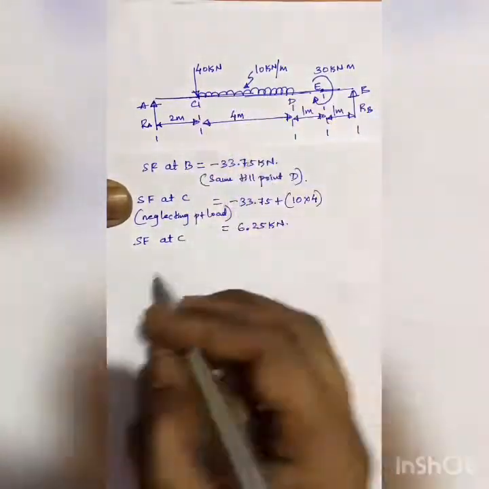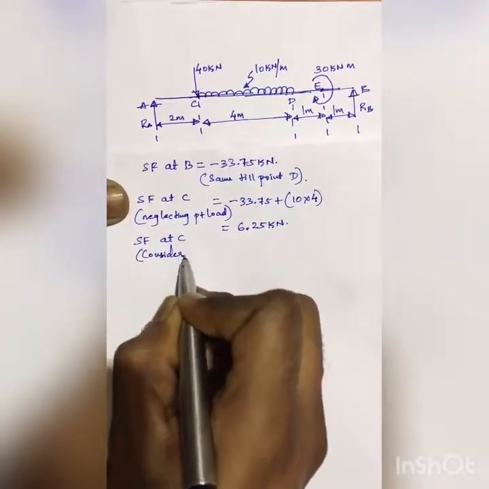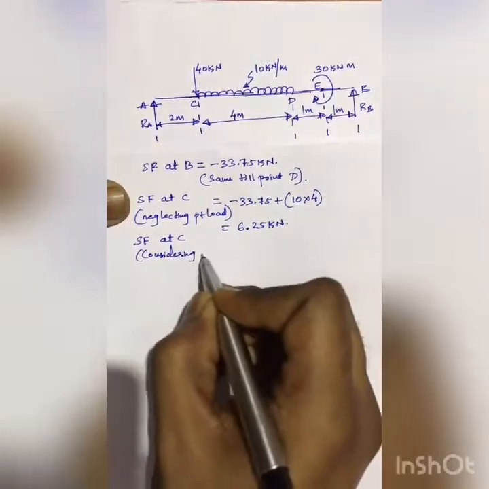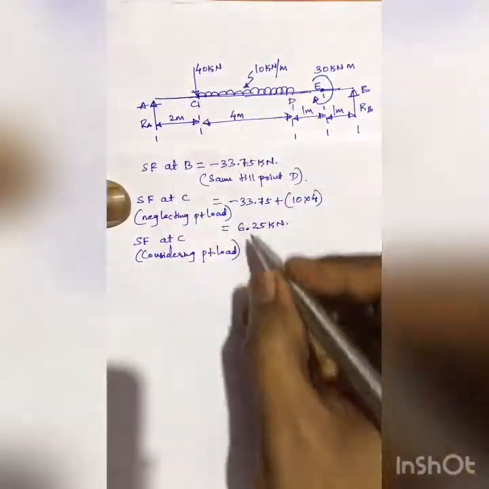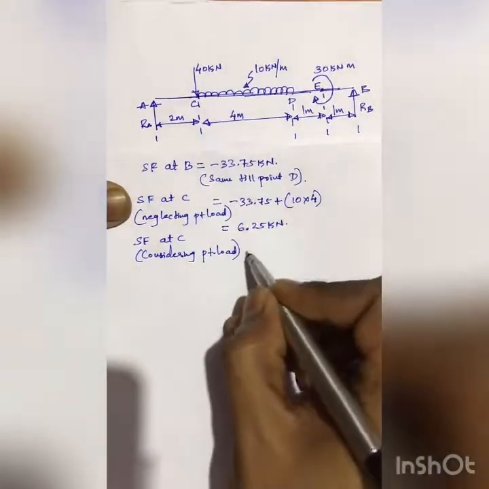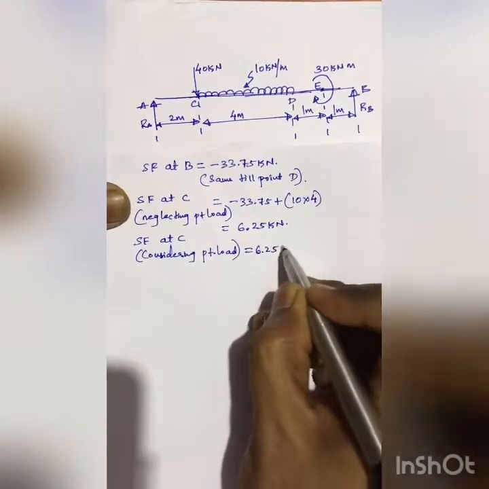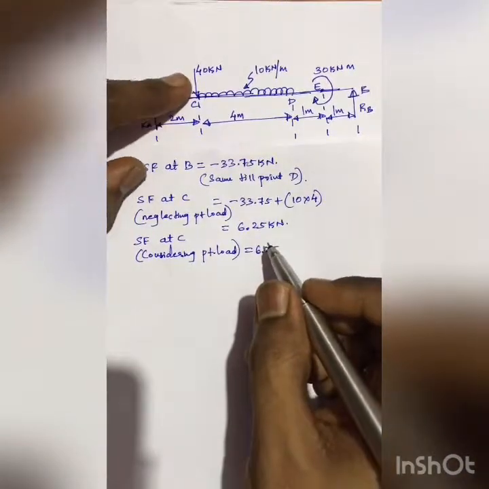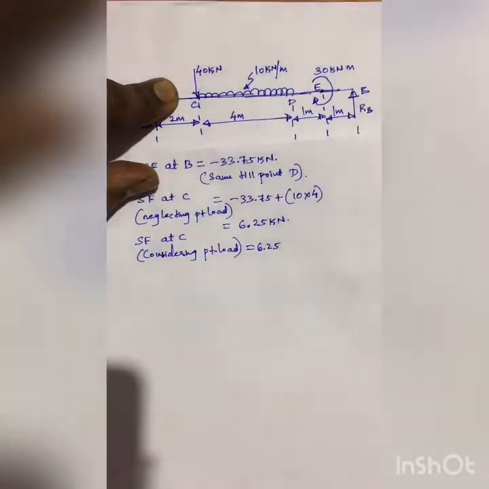Next, I need to calculate the shear force at C again. Now I'll consider this point load along with what I have calculated, which is 6.25 kilonewton till now. This point load is again on the right side and acting downwards, so it is positive.